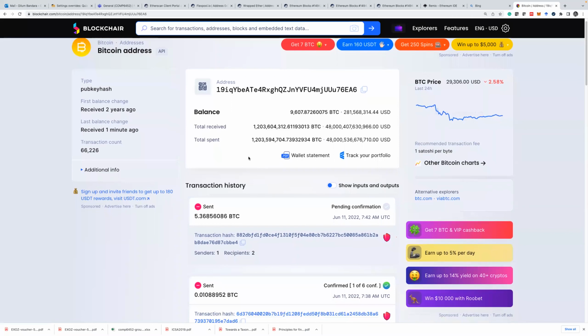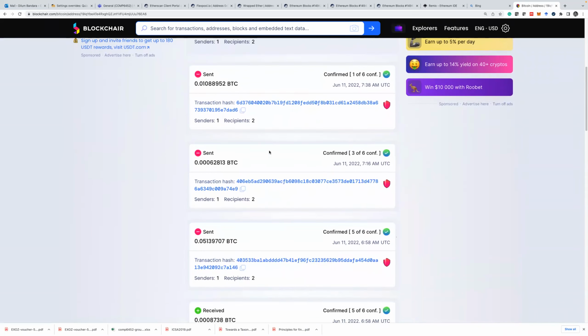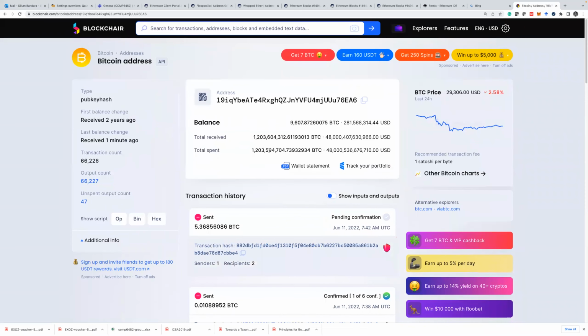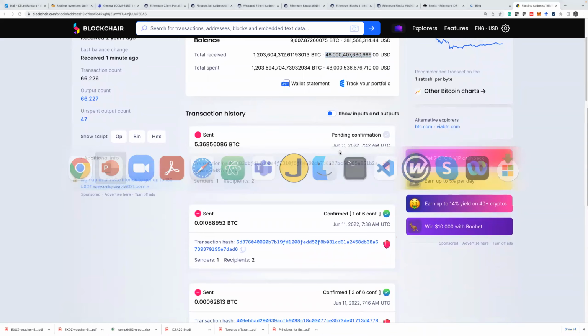We don't really have much detail about this particular address. But if you look at the money this particular address received in total history, what are we talking about here? Trillions, $48 trillion. Okay, so anyway, let's go back and continue from this.